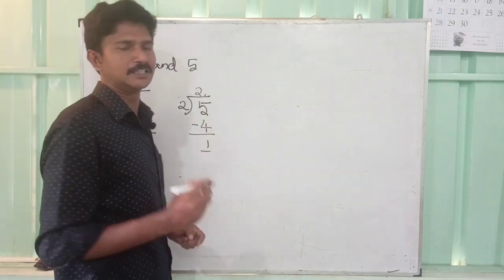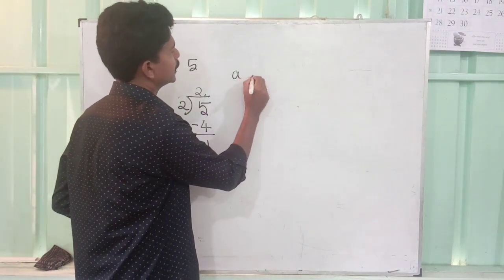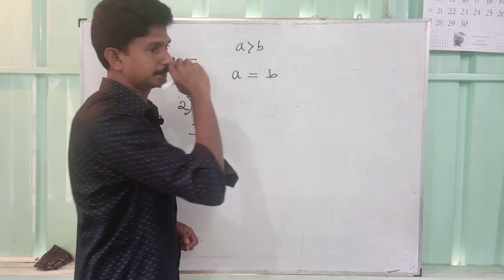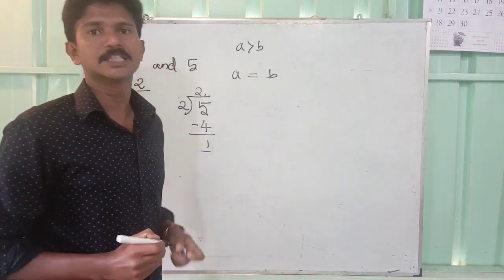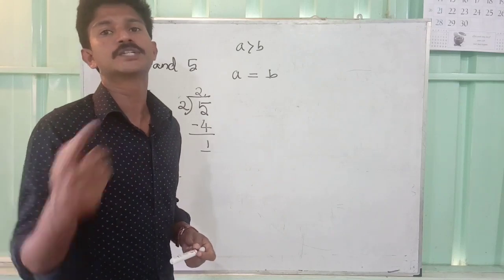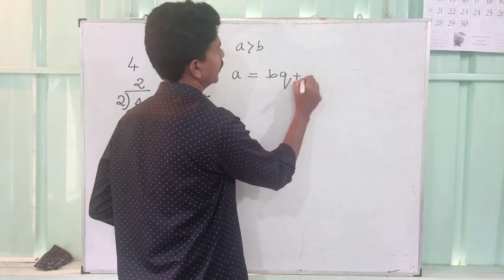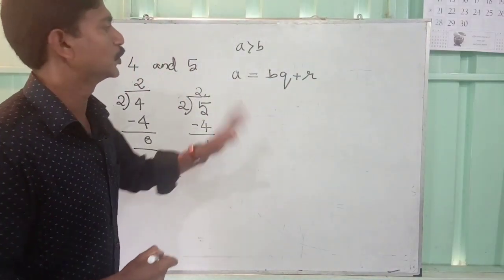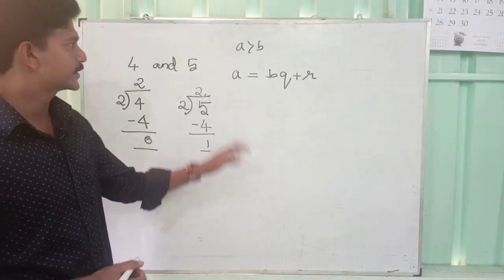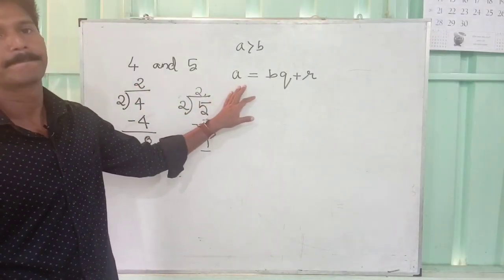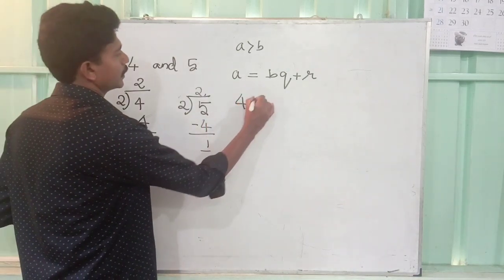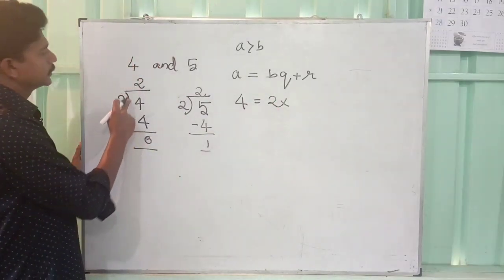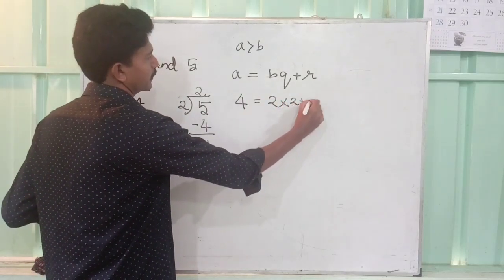What does Euclid division lemma say? For any two numbers A and B, where A is greater than B, there exist unique integers Q and R, which means quotient and remainder, such that A is in the format BQ plus R. Now let us take 4 as A. The divisor is 2, the quotient is 2, the remainder is 0.